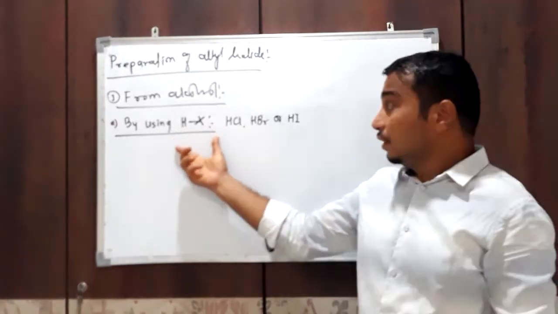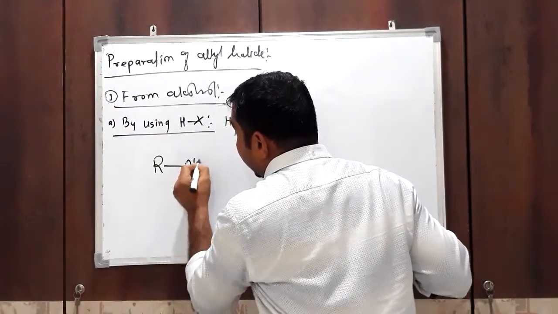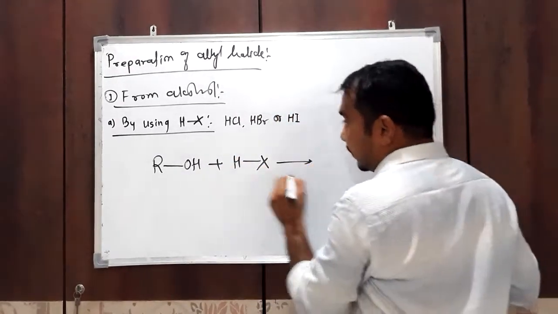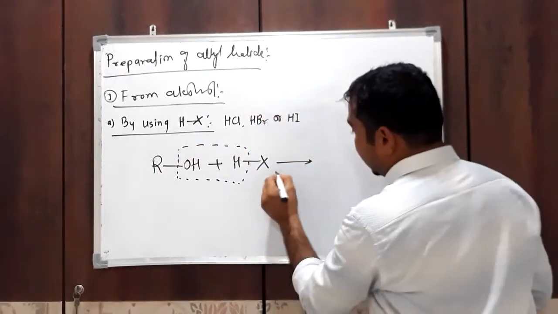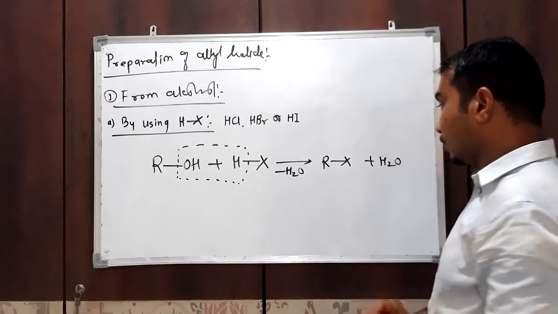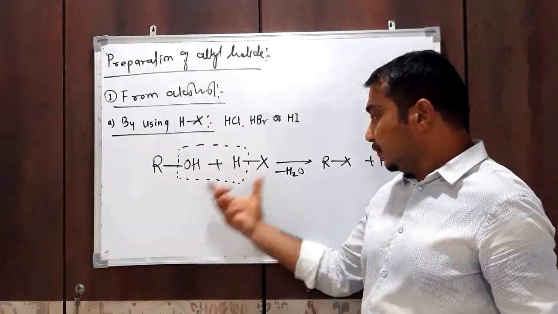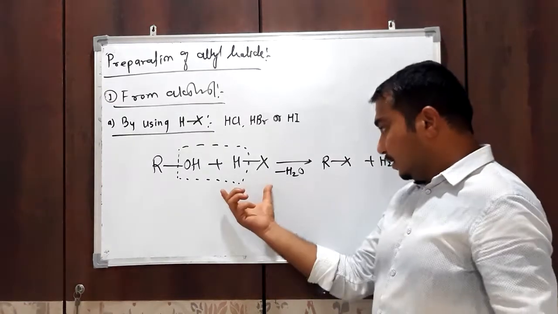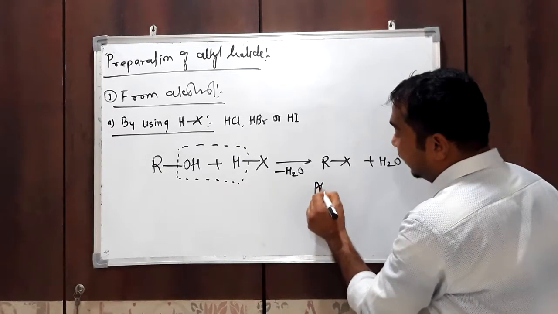What we have to see in this method, this alcohol is reacted with HX molecule, then there is just loss of water, H2O, you will get RX plus H2O. It may be hydrochloric acid, hydrobromic acid or hydroiodic acid. In general HX. Then it will lose water molecule and give alkyl halide.